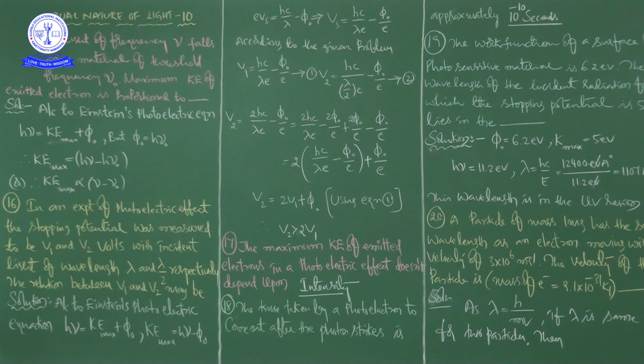He is asking to find the velocity of the particle, so vp is 9.1 into 10 to the power of minus 31 into 3 into 10 to the power of 6 divided by 10 to the power of minus 6. Finally we will get 2.73 into 10 to the power of minus 18.